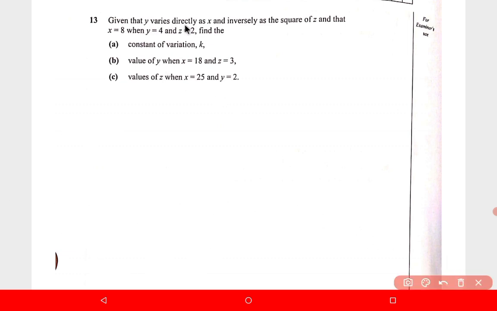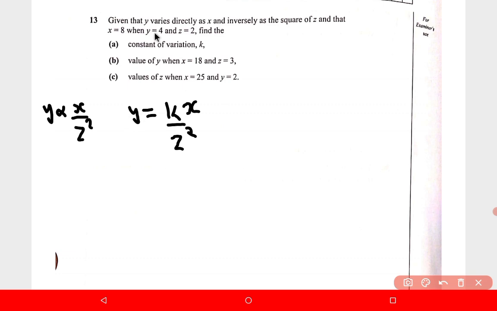Given that y varies directly as x and inversely as the square of z, we can write y varies directly as x but inversely as the square of z. Then we write y, we introduce the equal sign, then we introduce the constant k. Now you use these values to replace so that you find k.